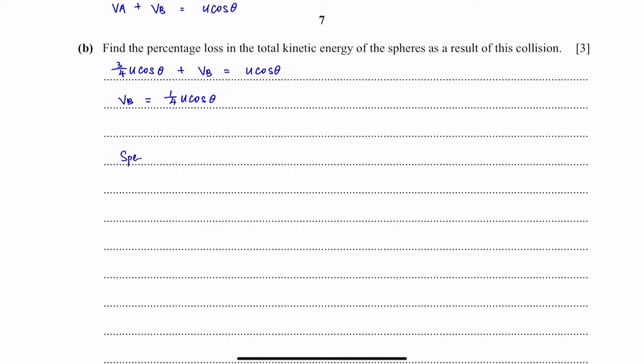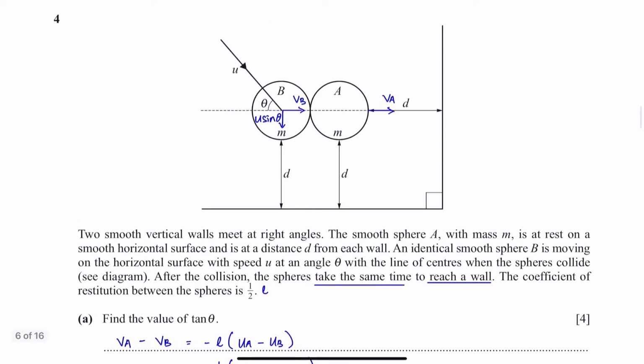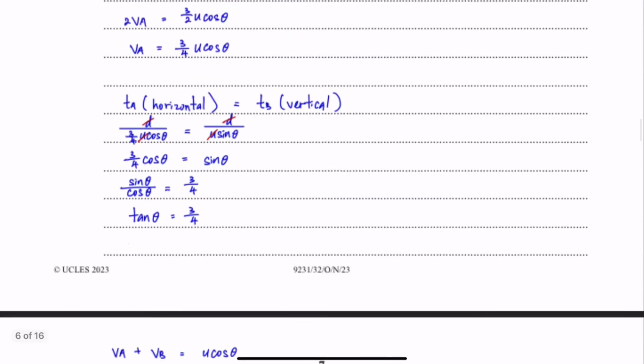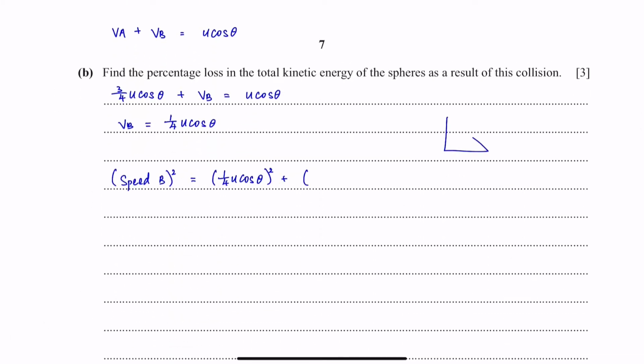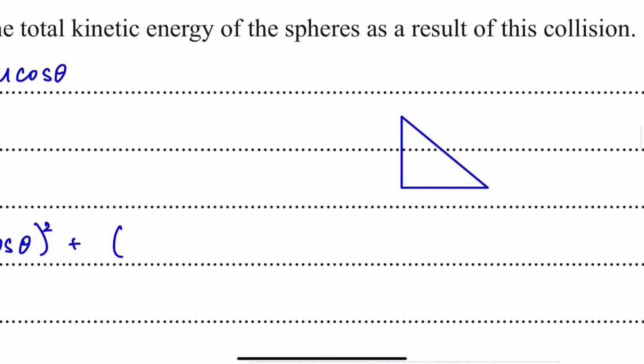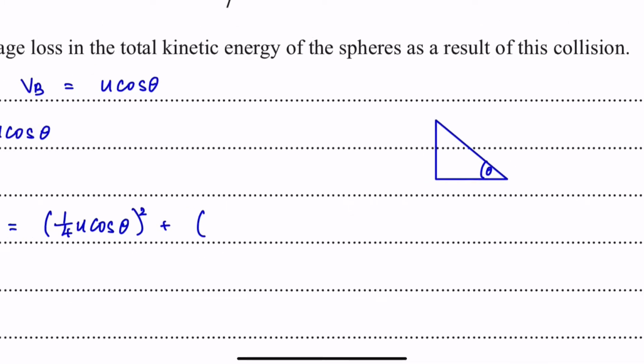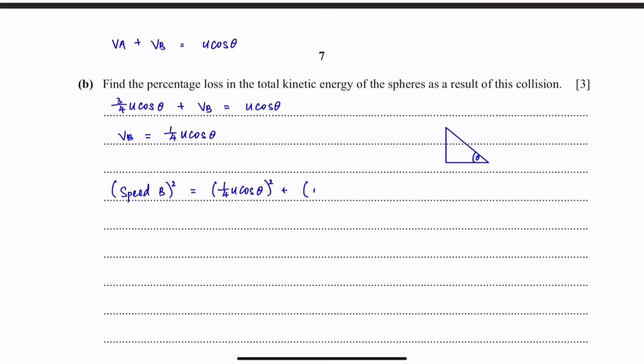So the speed of B squared would be the horizontal component squared plus the vertical component, which is u sine theta squared.